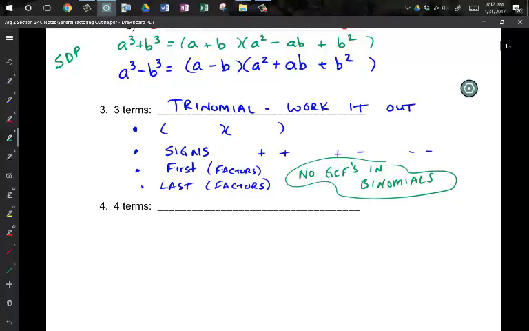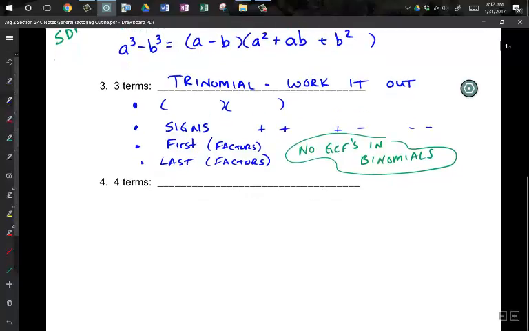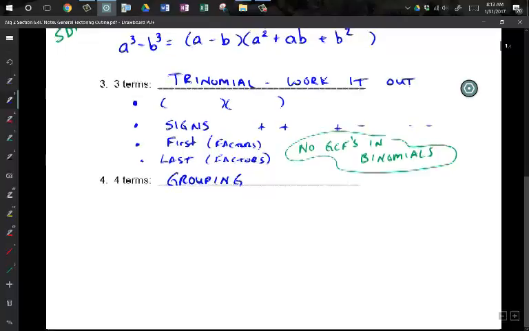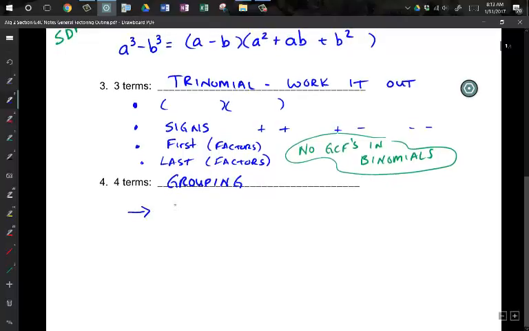And then last, we've got four terms. And when we have four terms, we're going to use a process called grouping. That takes you all the way back to Algebra 1. When you're grouping, your steps would go something like this. We would group them together, maybe with a trinomial and a single number, or maybe the first two terms and the last two terms.